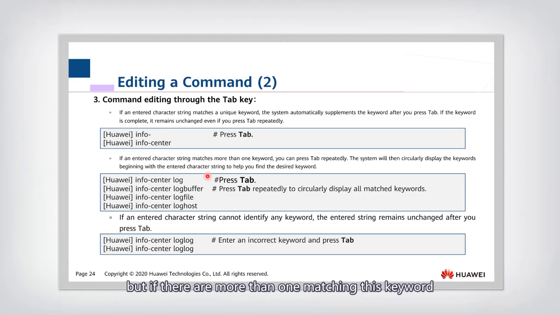But if there is more than one valid command matching this keyword, you can use tab to find one supplement, or press tab again to find all the other matched keywords. But if you input a wrong keyword and press tab, the result will not change.